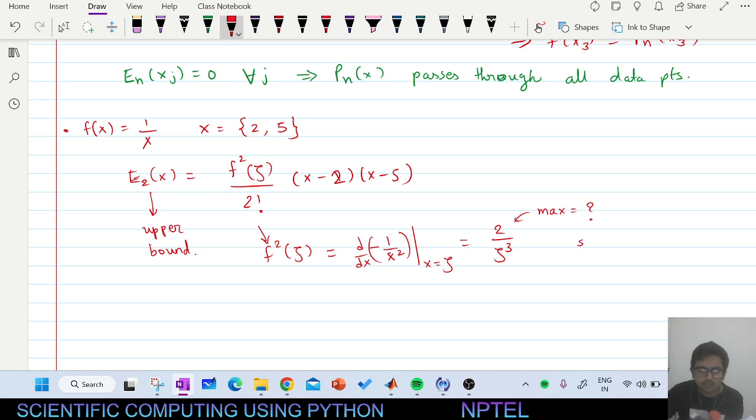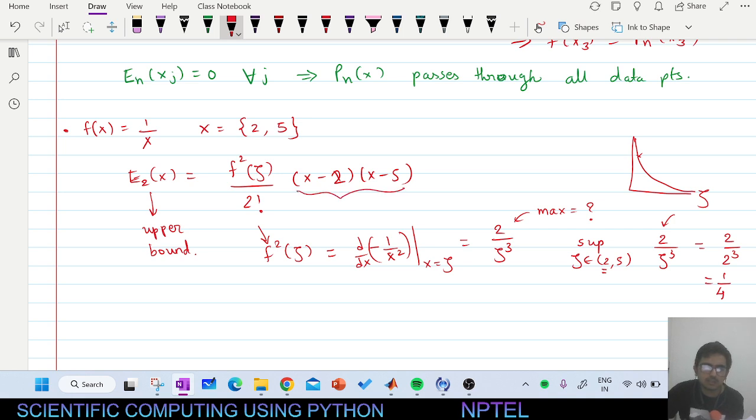Technically it's called the supremum over zeta, where zeta has to be between 2 and 5, of 2 divided by zeta cube. As a function of zeta, it is a decreasing function, so the maximum value you will get at the minimum possible value of zeta, which is 2. So this is 2 divided by 2 cube, which is 1 over 4.